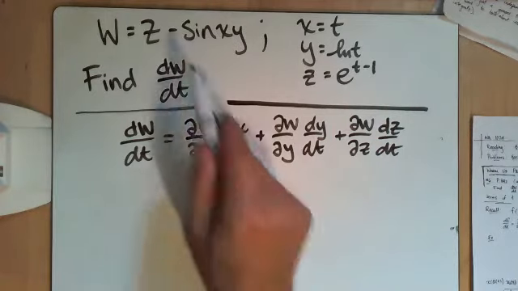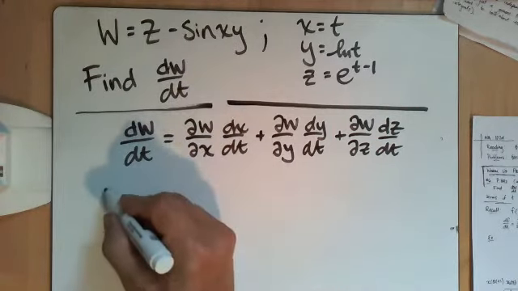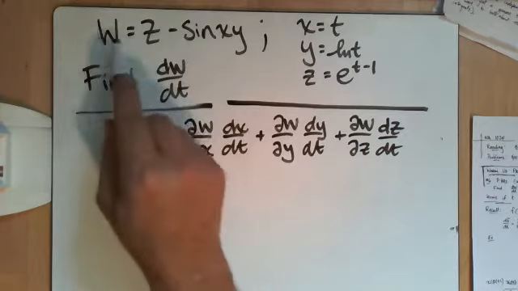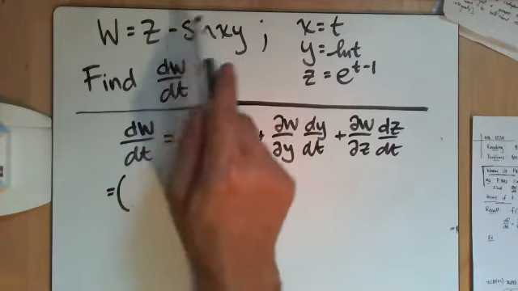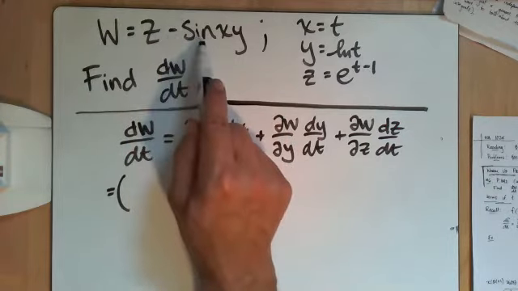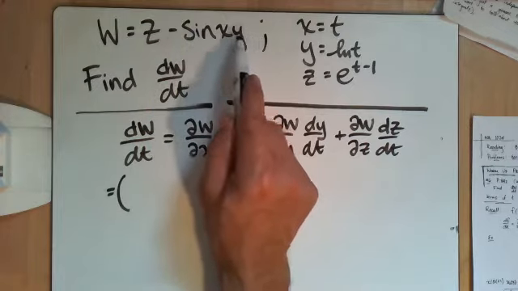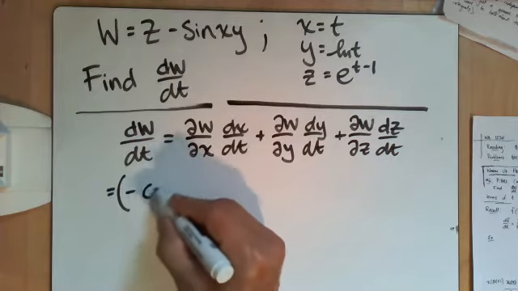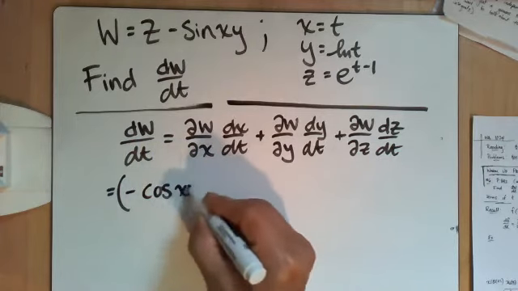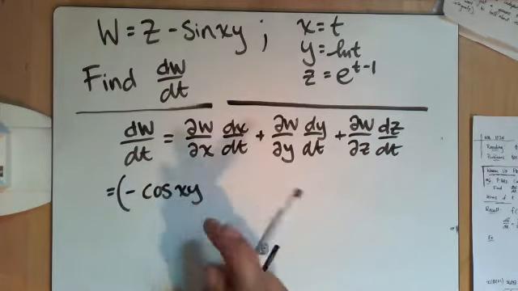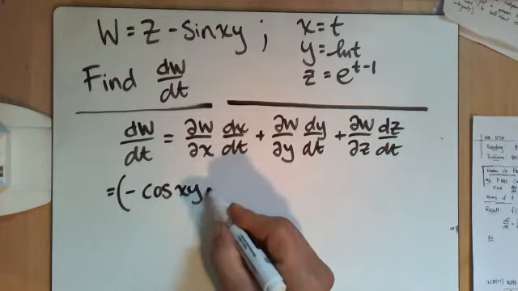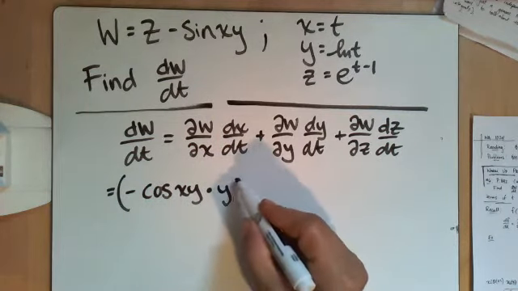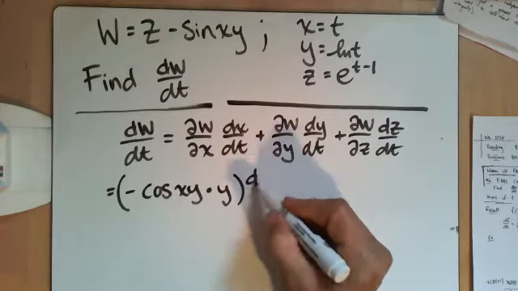So the partial derivative of W with respect to X is just going to give me negative cosine xy times y, because I'm treating y as a constant. I take the derivative of what's inside, and I just get y. And that's times dx dt.